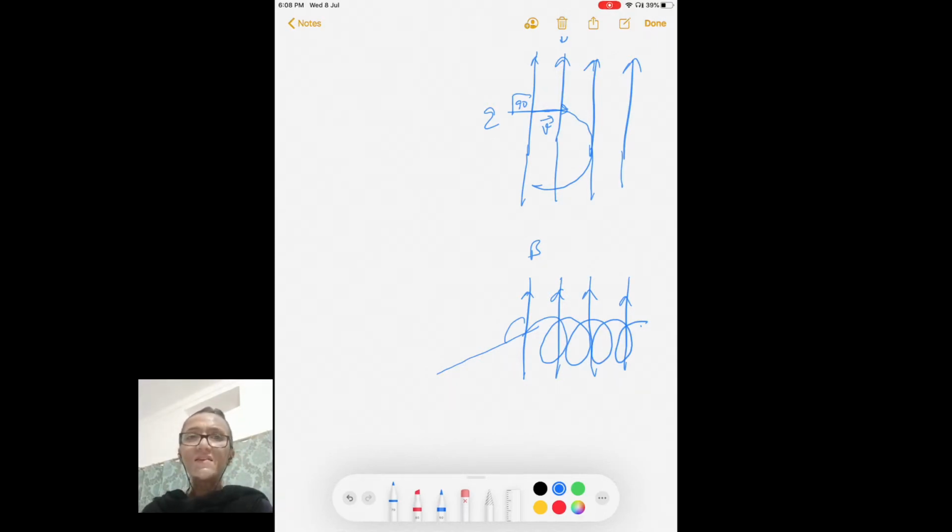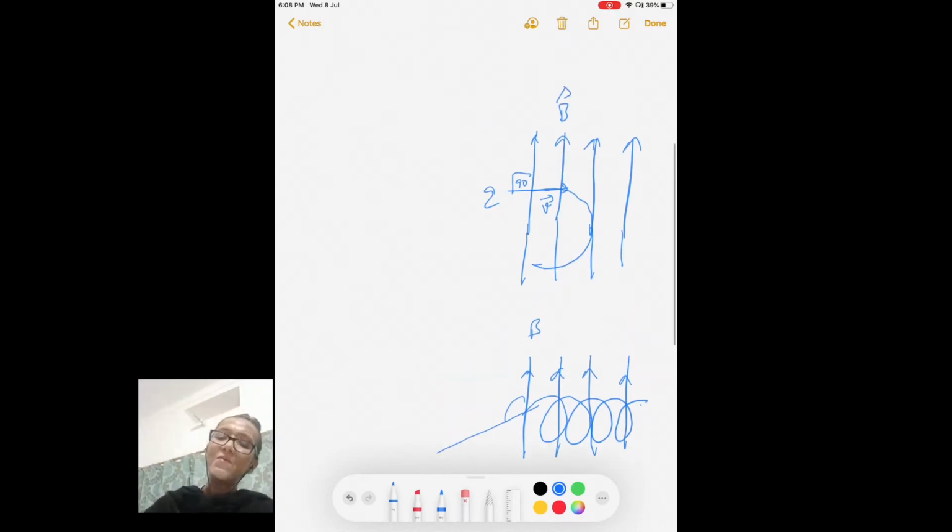So obviously some force is acting when a moving charge enters into any field. So the strength of field B can be expressed in terms of the force the charge is experiencing when it enters into that field.